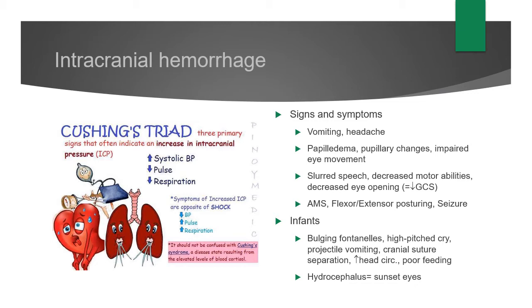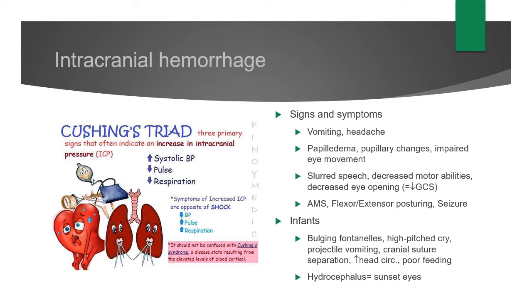So Cushing defined this triad of vital sign changes that occur with increased intracranial pressure. And essentially they're the opposite of shock. So with shock we have hypotension, tachycardia, tachypnea, but with an increase in intracranial pressure we have hypertension, so an increase in systolic blood pressure with this widening pulse pressure. So there's an increasing difference between the systolic and diastolic.